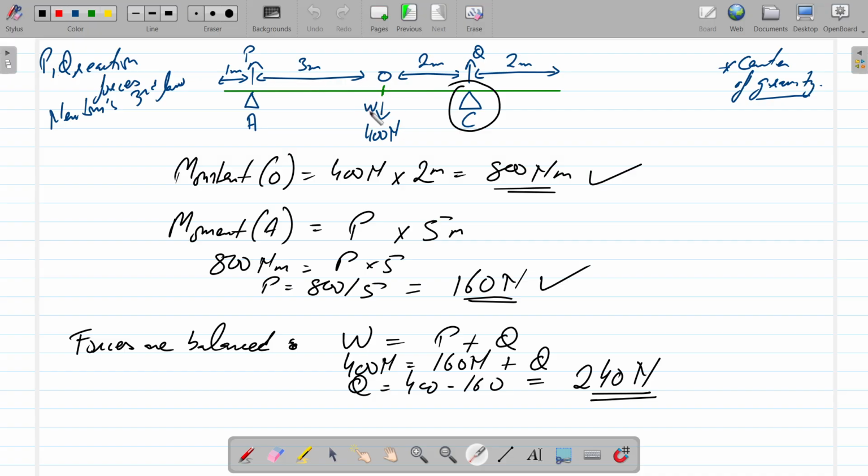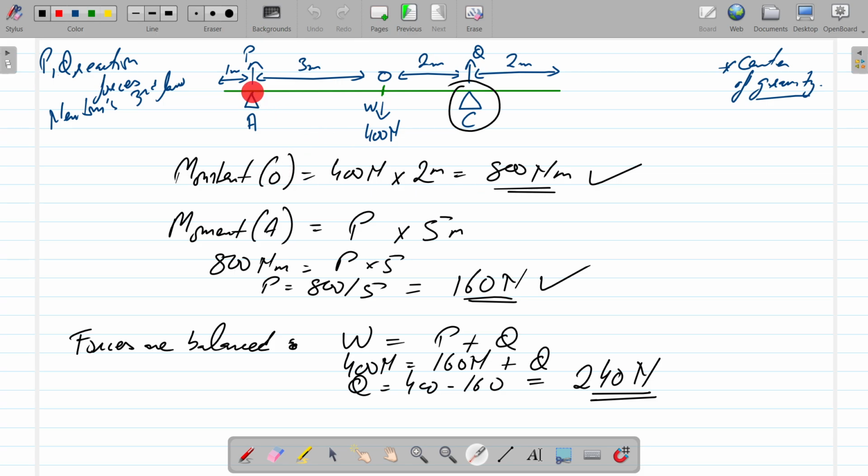Now, because it is balanced, that means that the moment at point A would be clockwise because the force is acting upwards. We know that. Because it's in equilibrium, the moment would be the same.